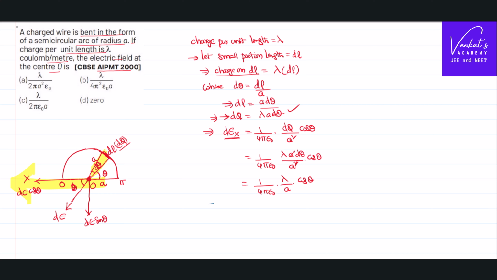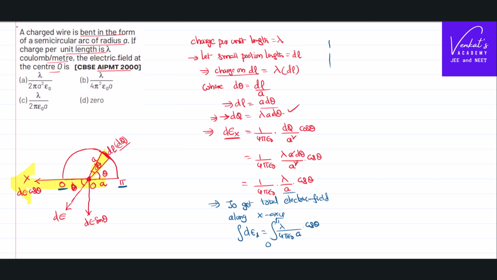To get the total electric field along the x axis, I shall integrate dEx, which is the integral of lambda by 4 pi epsilon naught a, cos theta d theta, where theta varies from 0 to pi.